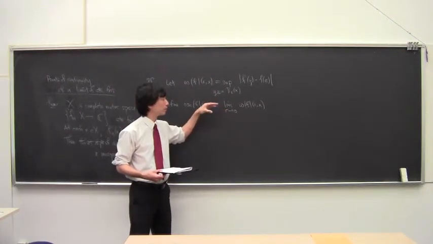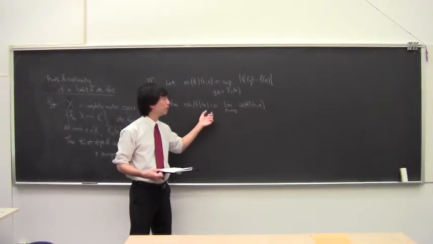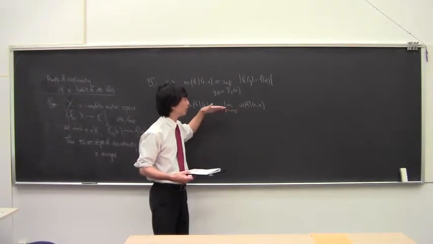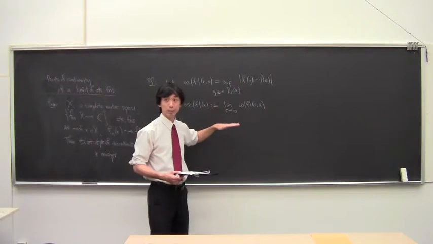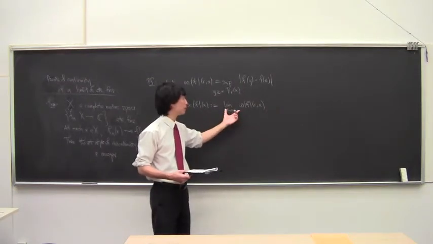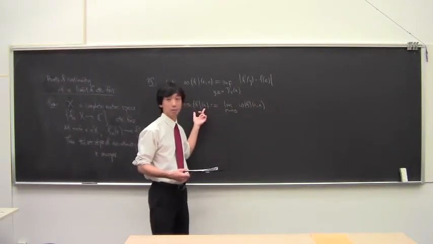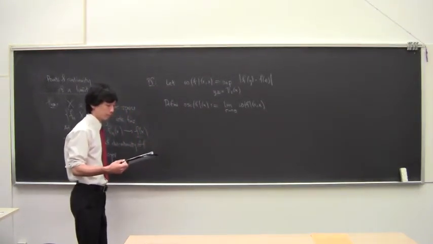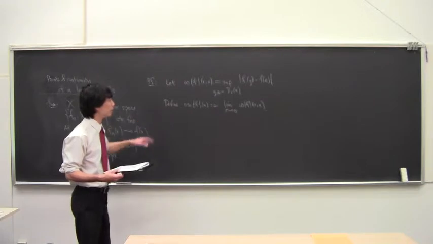It's a decreasing function, so it will tend to some value, and that will tell you how much the function is jumping in balls centered at x. So that's the notion of oscillation.